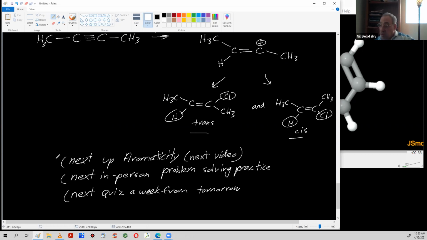The aromaticity material is in chapter 13. The reading and practice problems have already been assigned. I also have a few loose ends to tie up on nomenclature of alkynes, so we'll touch on that at the very beginning, but mainly the aromaticity material.